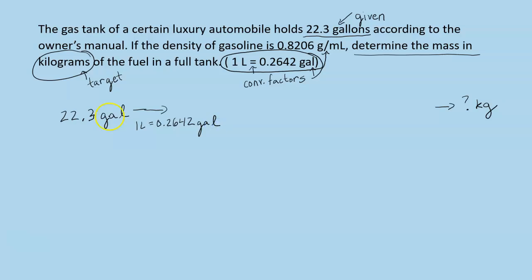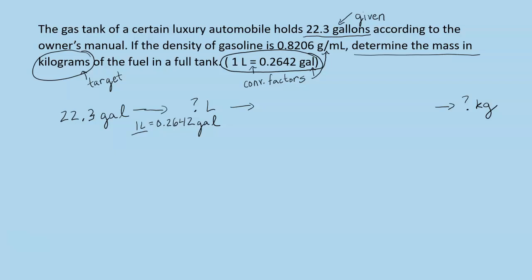Okay, so the only other unit besides the gallon in this equality is the liter, and therefore that first arrow is going to lead me into liters. Now I want to see if I can find another conversion factor that has the liters, and I don't see one.